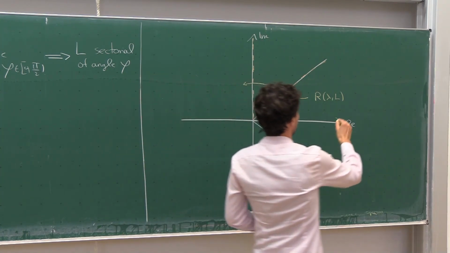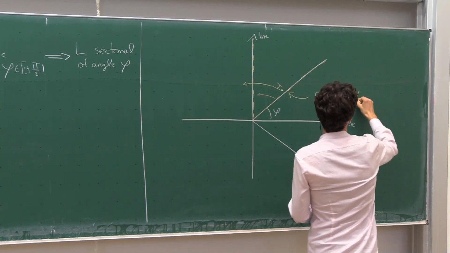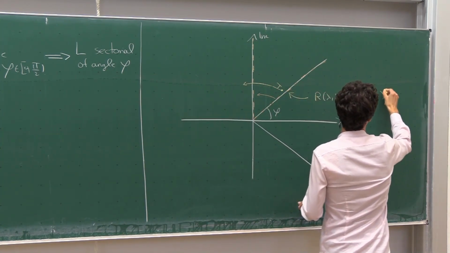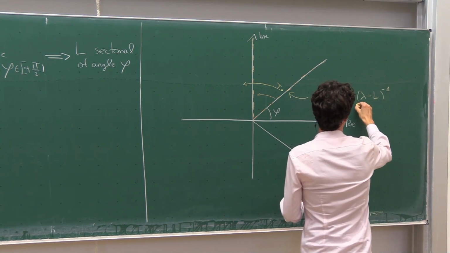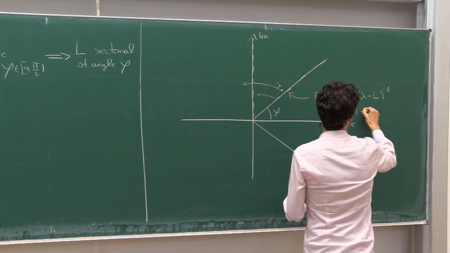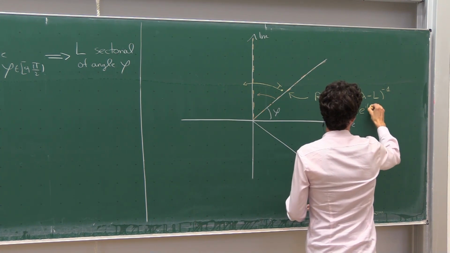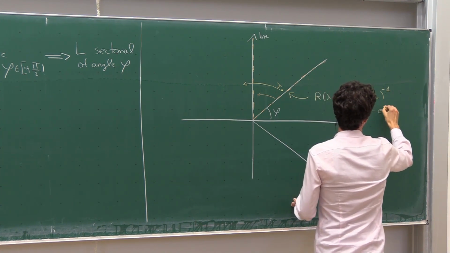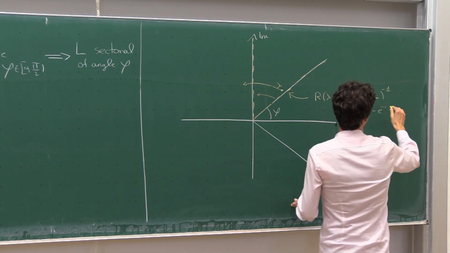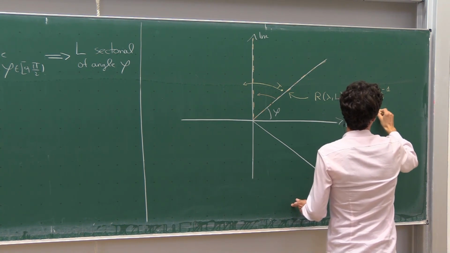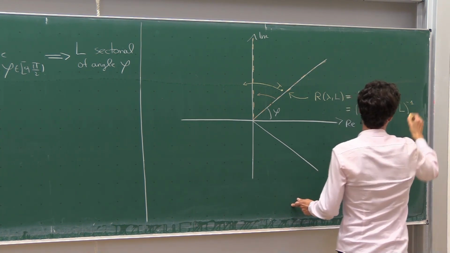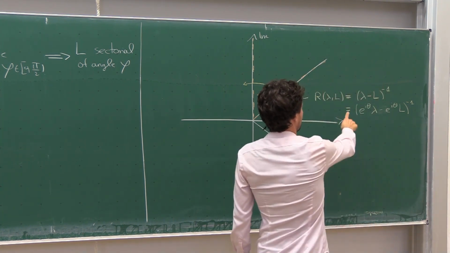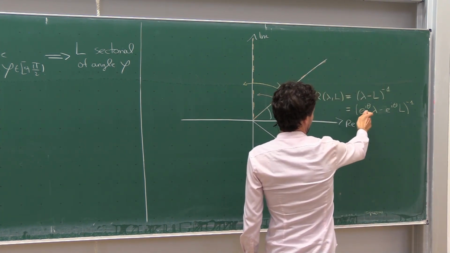If you say, look at this, this is (lambda minus L) to the minus 1. If now you rotate by some number, say e to the i theta, you get (e to the i theta lambda minus e to the i theta L) to the minus 1, then it's just a normalizing factor missing.